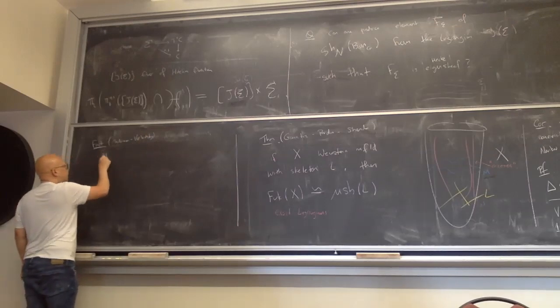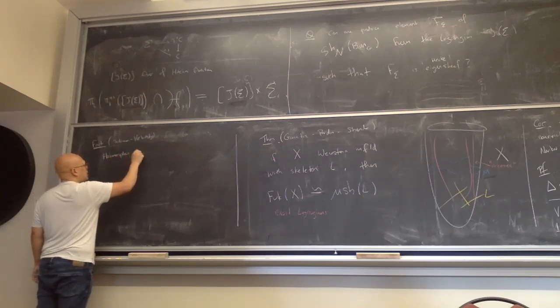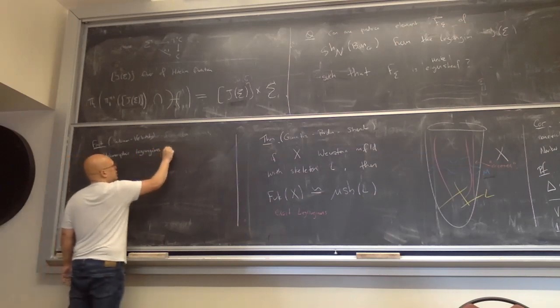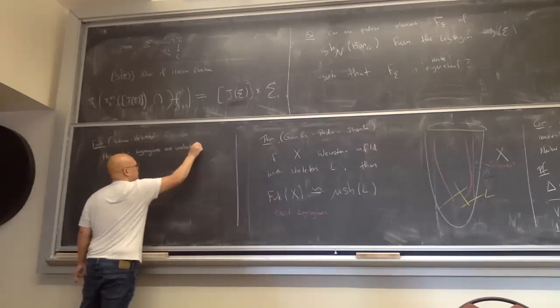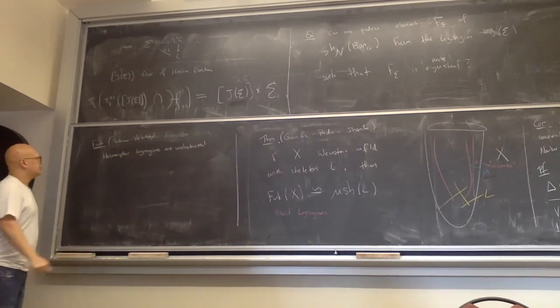It is that holomorphic Lagrangians are unobstructed. As I said, they prove much more. I think this might be true almost for degree reasons or something.